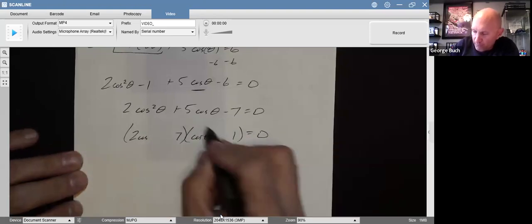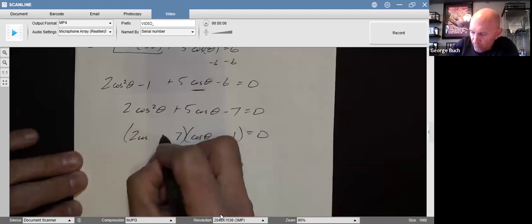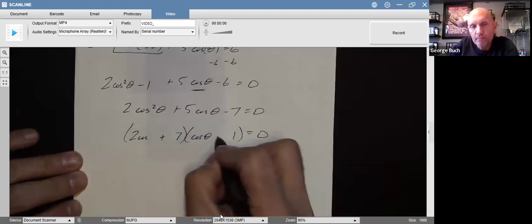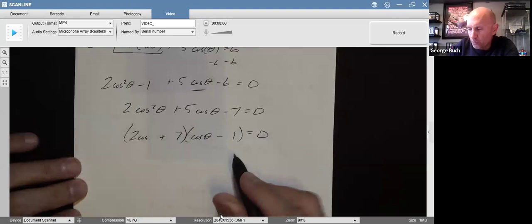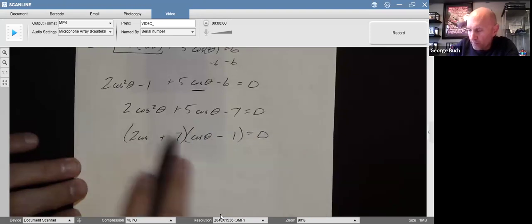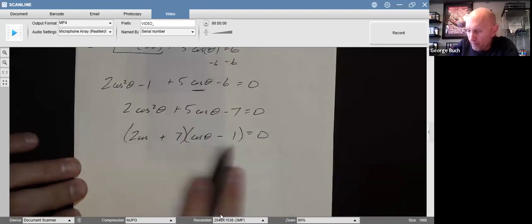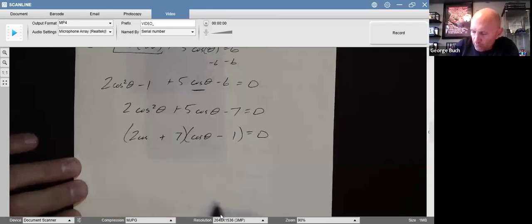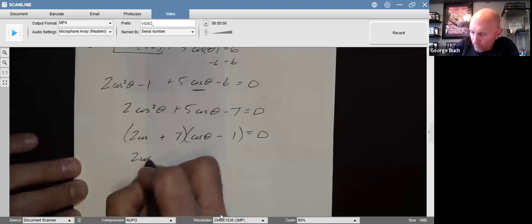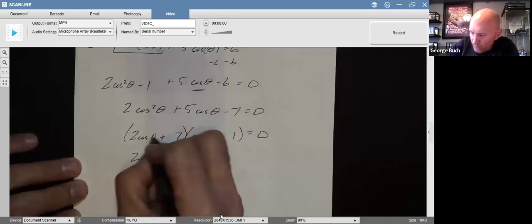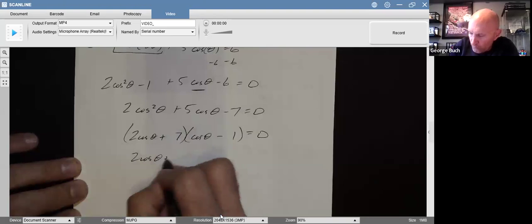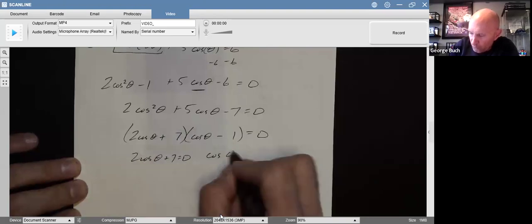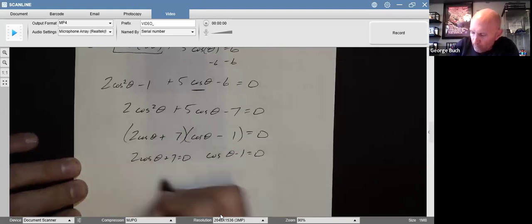Because I want it to be plus, I'm going to put the plus with the 7 and minus with the 1. So this gives me 2 cosine squared, plus 7 minus 2 is plus 5, and 7 times negative 1 is negative 7. So 2 cosine of theta plus 7 equals 0, and cosine of theta minus 1 equals 0.